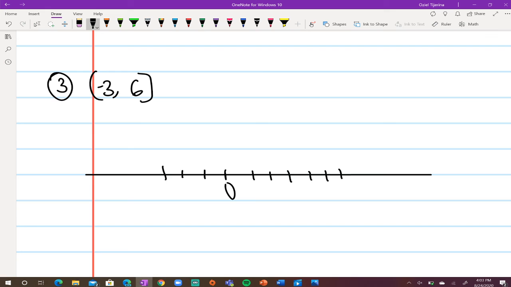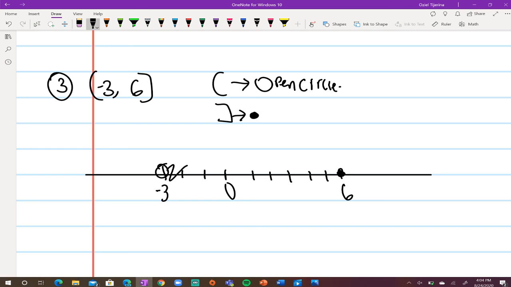Here is -3, so it's going to be an open circle, because remember, this is an open circle. This is a dot, okay? It goes from -3 to 6, and over here is 6. So then we're literally going to shade in between.